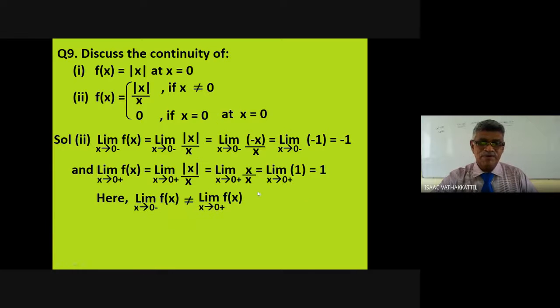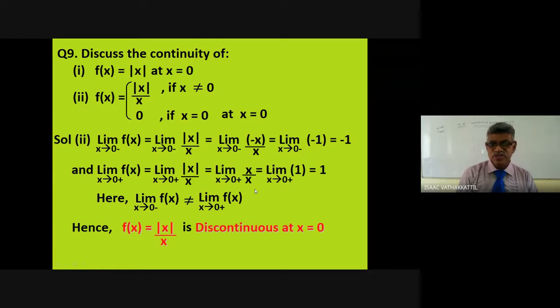Oh, your left limit is not equal to right limit. Left limit is minus 1 and right limit is 1, and left limit not equal to right limit. The function is discontinuous at x equal to 0. Even without noticing what is f of 0, here f of 0 is again entirely different.